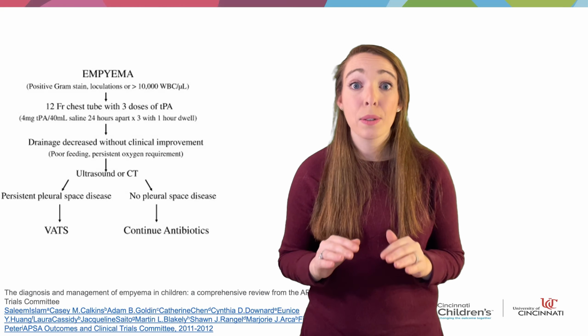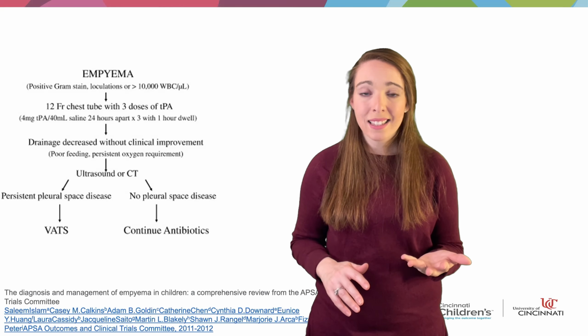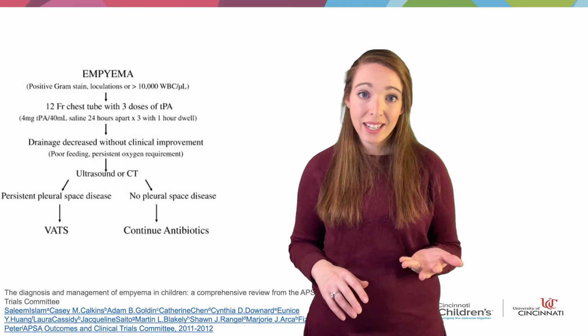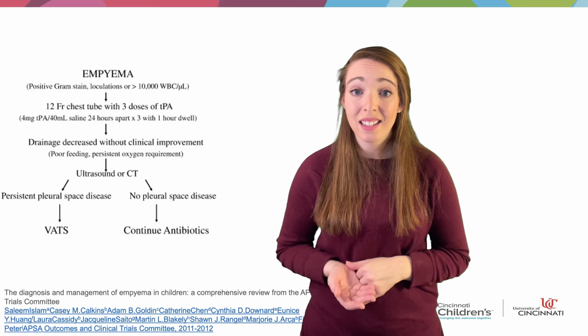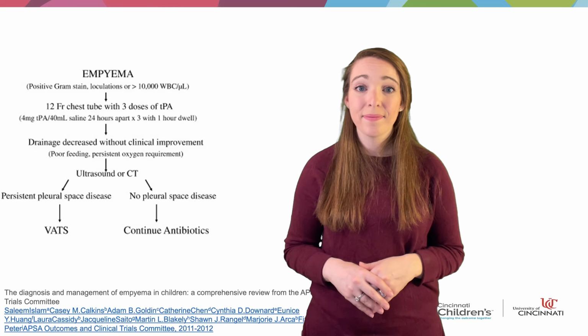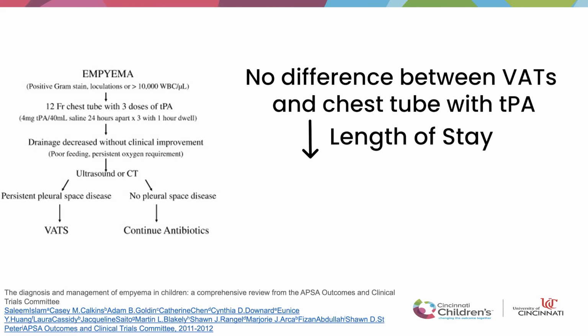This study is pretty practice-changing. It shows that a chest tube and fibrinolytics, such as tissue plasminogen activator or a TPA, are not inferior to the standard VATS when looking at clinical outcomes. What they found was that there was really no difference in hospital admissions, decreased cost with the chest tube, and that really overall kids just get less sick when you're not doing a VATS on them.